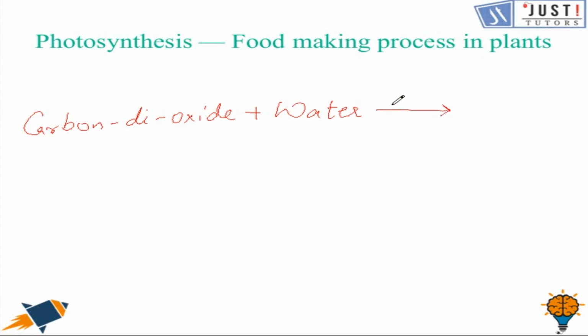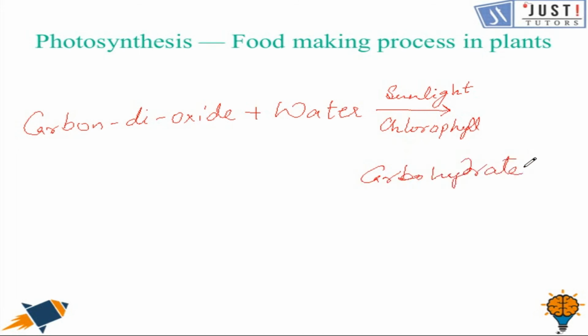When these two components get combined in the presence of sunlight and chlorophyll, the process goes on and it gives us carbohydrates and oxygen which we inhale. So we can say in photosynthesis, plants release oxygen that is inhaled by humans, and carbohydrate is converted into starch. Presence of starch in leaves indicates the occurrence of photosynthesis.